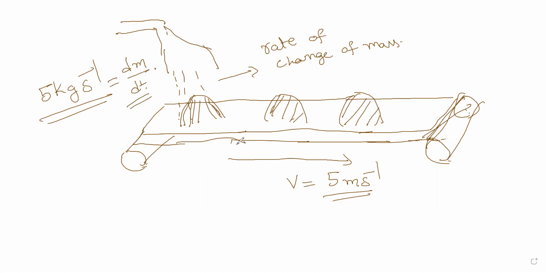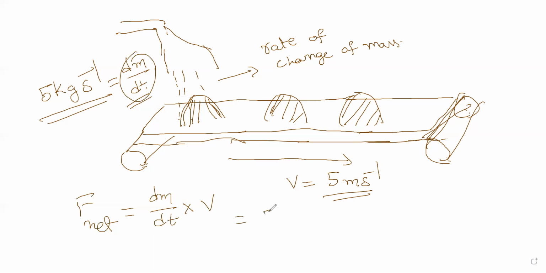And now the question is to calculate the force applied by the machinery in order to pull these masses. So the question will come like that. The net force applied on the conveyor belt is given by the rate of change of mass, that is dm by dt, times the velocity with which it is pulled.